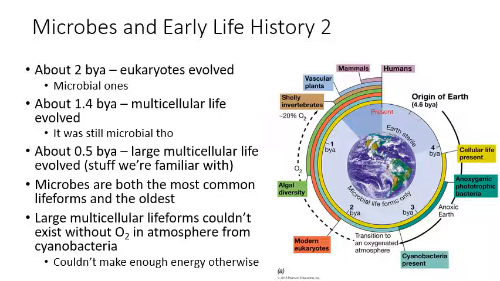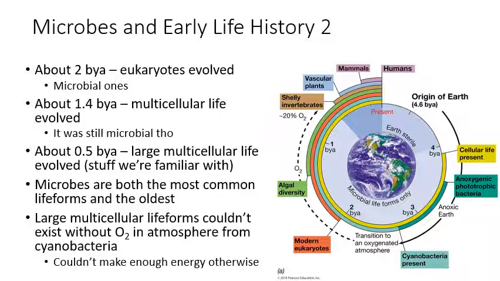Types of life that we're more familiar with, things that look like us, are much more recent. So large multicellular life forms didn't evolve until just about 500 million years ago, which is very recent in terms of the whole history of the Earth. So that's when you would have shellfish and plants and things like that, and insects start to evolve barely 500 million years ago.